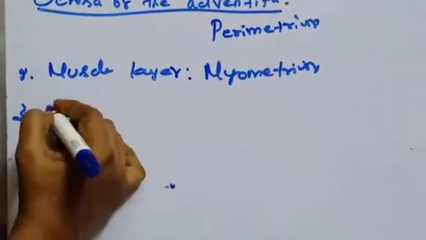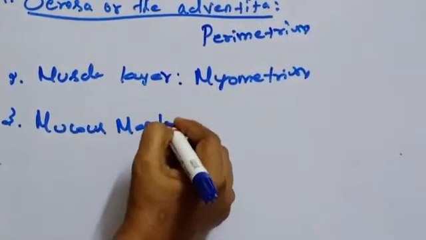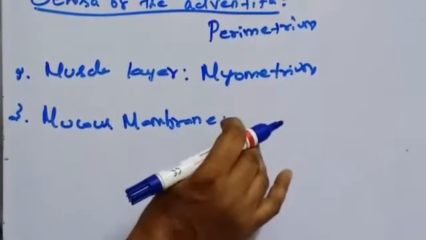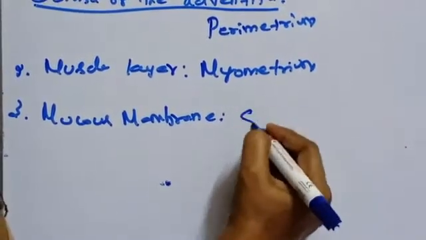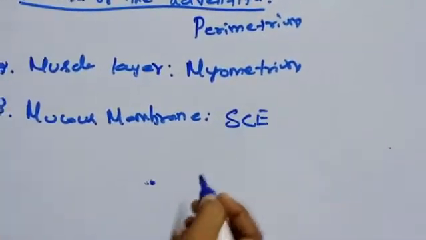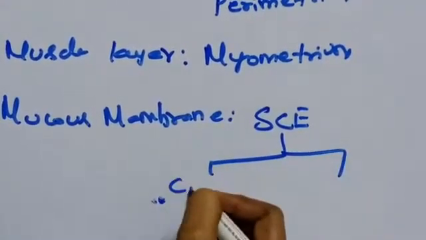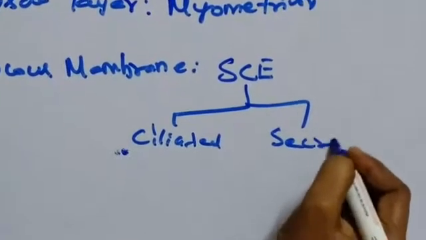The third one is the mucous membrane. This is the innermost layer, and this mucosa consists of simple columnar epithelium. This epithelium contains both ciliated cells and secretory cells.